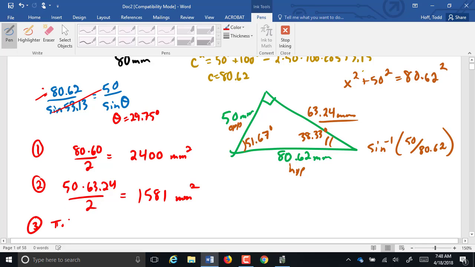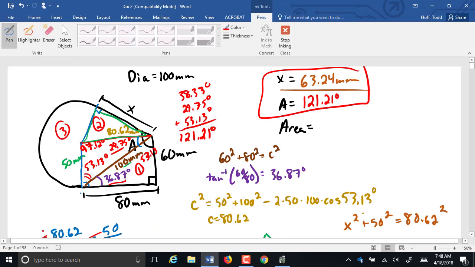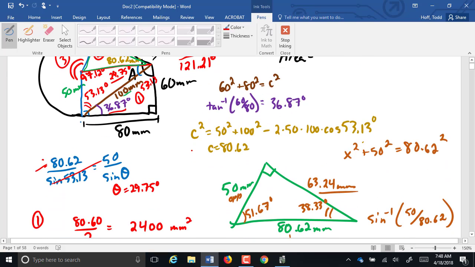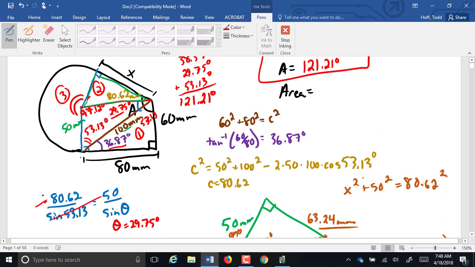3 is pi times 50 squared to be the whole circle. But we need to know this angle here first. We've got 97 and 51.67 here. We add those up, that gives us 148.79. Subtract that from 360.